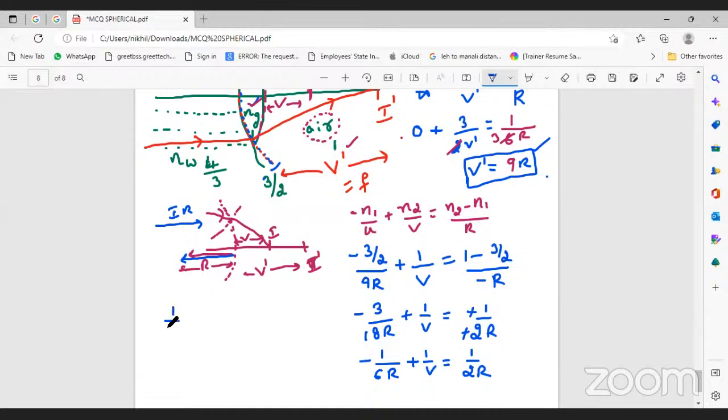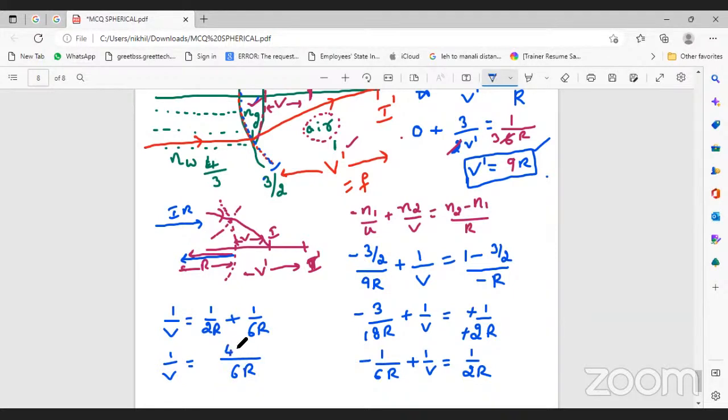So what is 1/v from this? 1/2r. If I shift 1/6r with negative sign to the right side, it becomes plus 1/6r. What about the LCM? 6r.